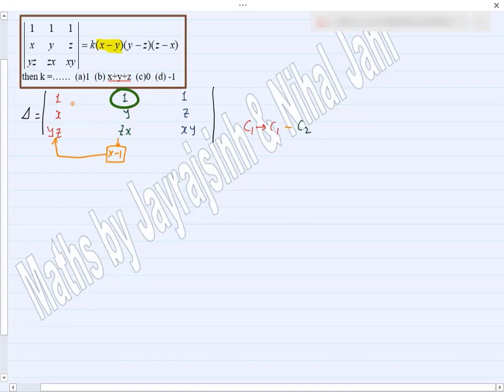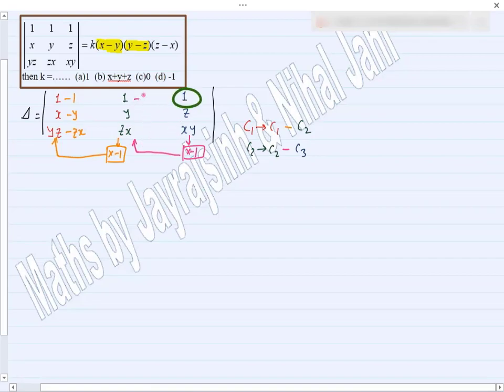You will get 1 minus 1, y minus y, and so on, and the last element becomes zx minus zy. The same thing we can do for getting y minus z. We can take C2 gives C2 minus C3 operation. So multiply the third column with minus 1 and add it into the second column.